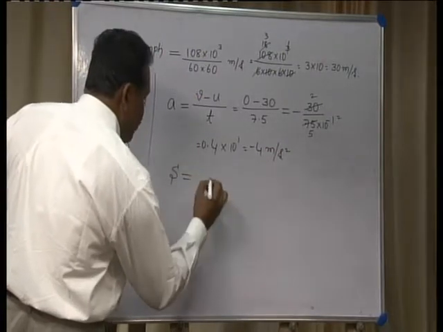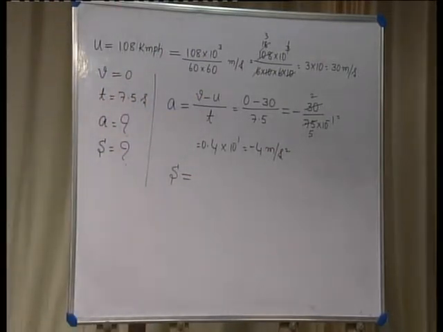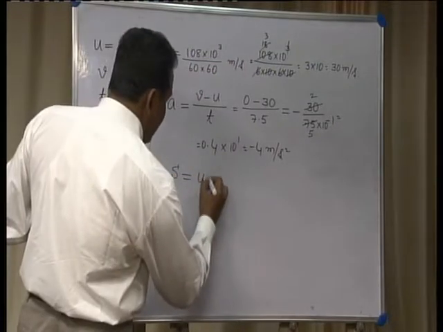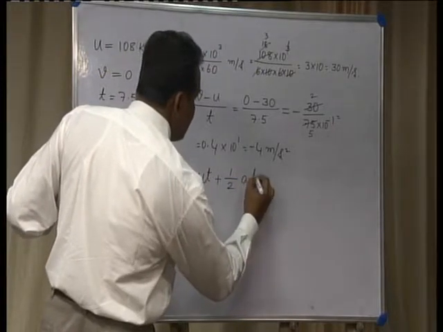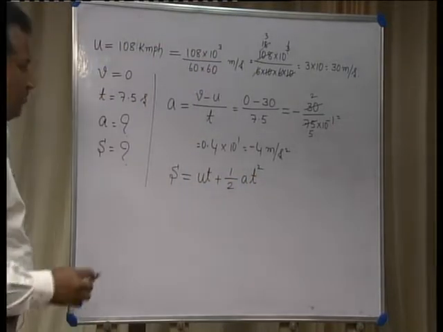To get S, we have many relations among the equations of motion. With respect to the given data, u is given, t is given, v is given, and we know a. S is equal to ut plus half at square is the suitable formula to calculate the distance traveled by the body.